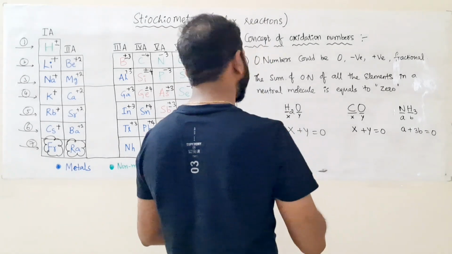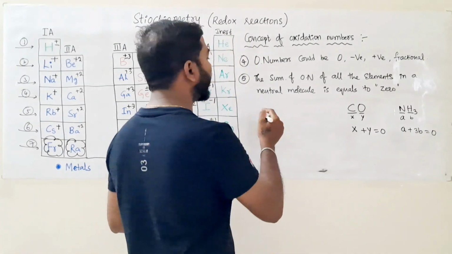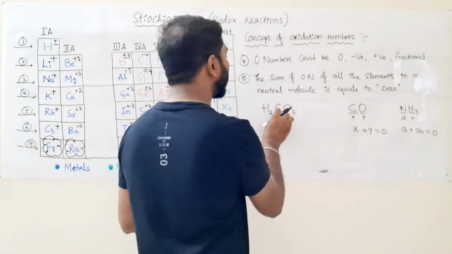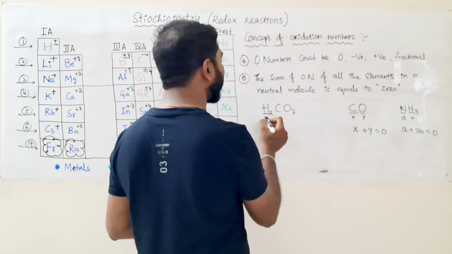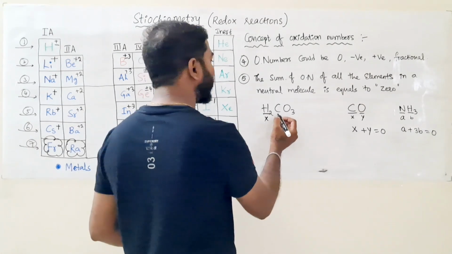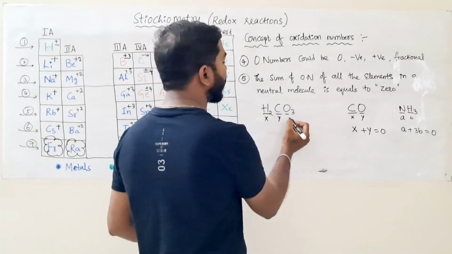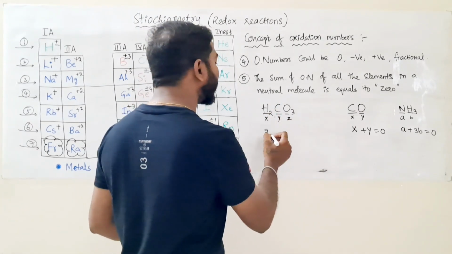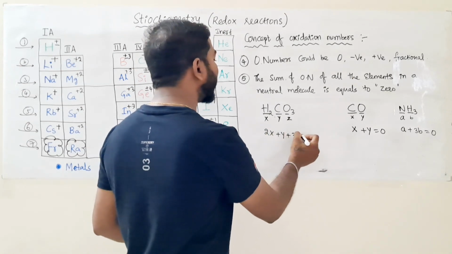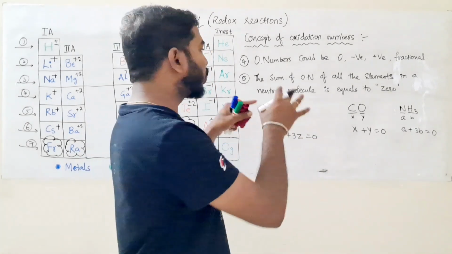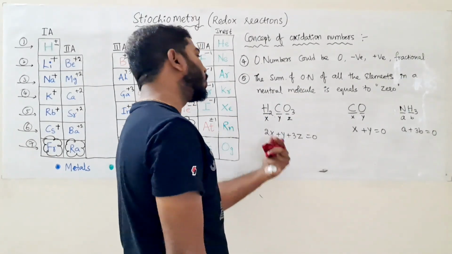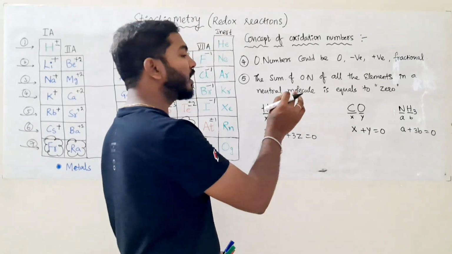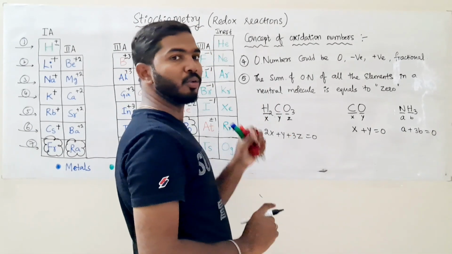Even we can have, suppose let me take H2CO3, carbonic acid. Suppose here I am considering the oxidation number of hydrogen as X, oxidation number of carbon as Y, oxidation number of oxygen as Z, and then what we can write down here is 2X plus Y plus 3Z is equal to 0. So we can do any operation here, but the sum of oxidation numbers of all the elements must be equal to 0 in a neutral molecule.